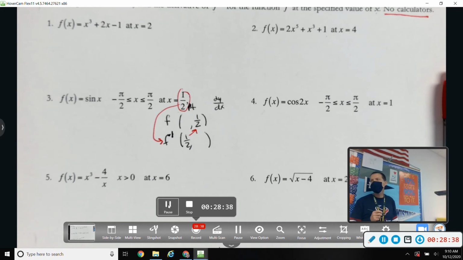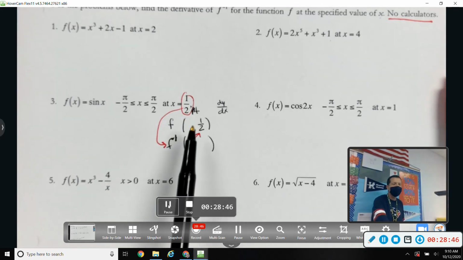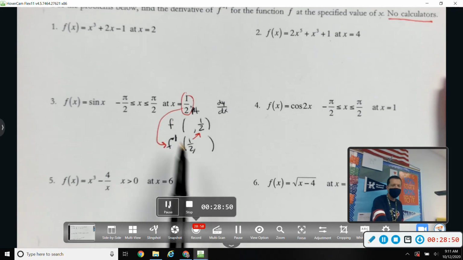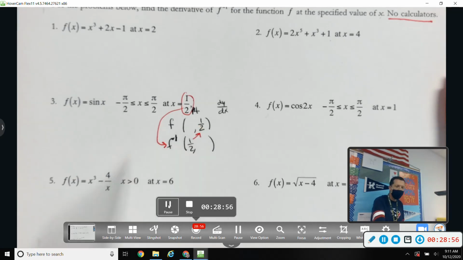So that's the first part that gets people confused. It pretty clearly says x equals 1/2. Yes, but the directions indicate that x is for the inverse, not for the original. So put that 1/2 as the x for the inverse, and then that means it's the y for the original.